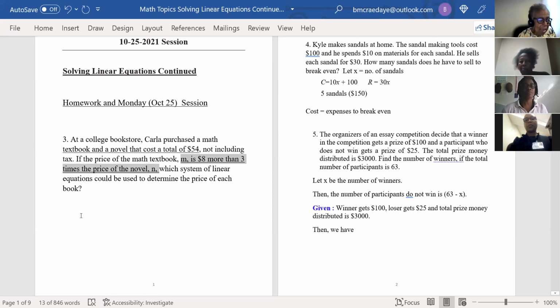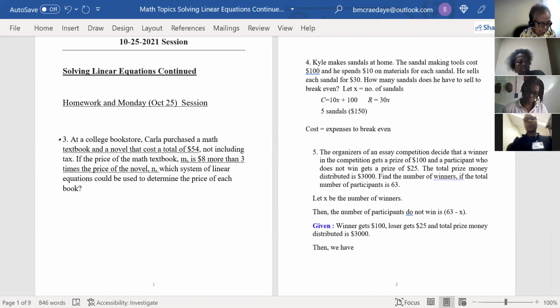Now, they actually gave you the variables, right? They said, let M equal math textbook.